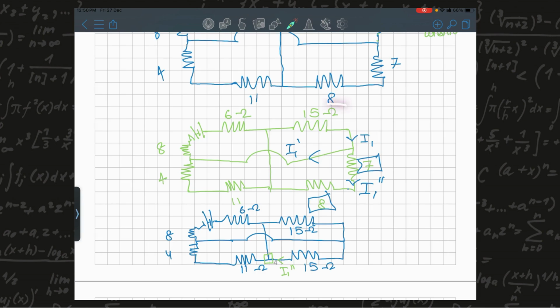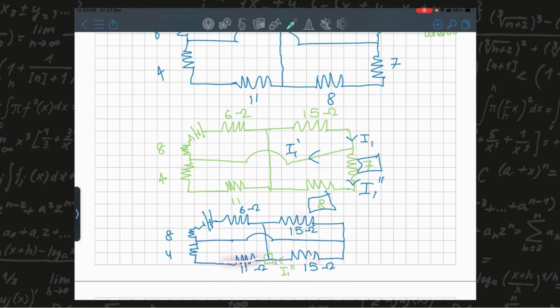So this 15 ohm resistor is in parallel with this 7 ohm resistor, and this 7 ohm resistor and 8 ohm resistor are in series, and hence we converted them into a 15 ohm resistor. And now I can very well say that this 15 ohm resistor and this 15 ohm resistor are in parallel. Since these are also in parallel, then I can very well say that all these three are in parallel.